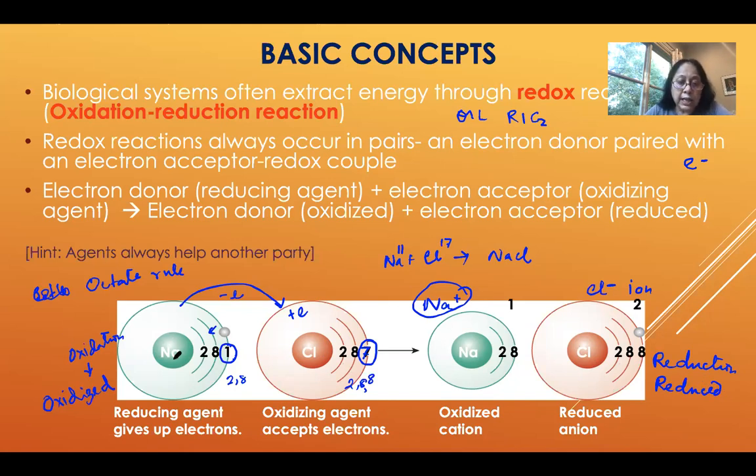Now sodium is helping chlorine to be reduced, so sodium is called the reducing agent. Now chlorine is helping sodium to be oxidized, so chlorine is called the oxidizing agent. Okay, it's pretty simple.